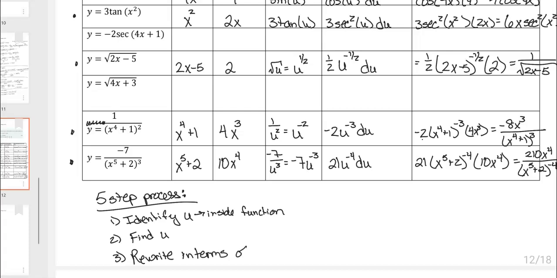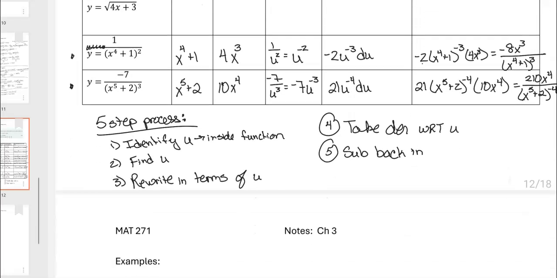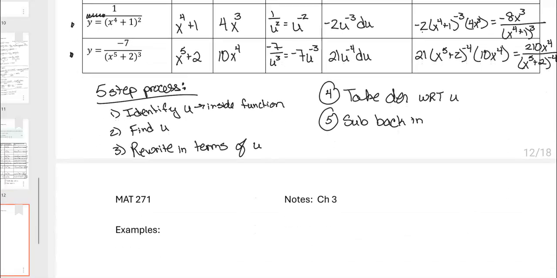We're going to rewrite in terms of u. Step 4 is to take the derivative with respect to u. And then after you take that derivative, you're going to sub back in. Your final derivative should be in terms of x's or whatever that initial variable was.